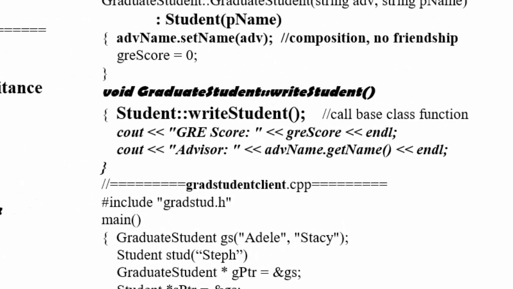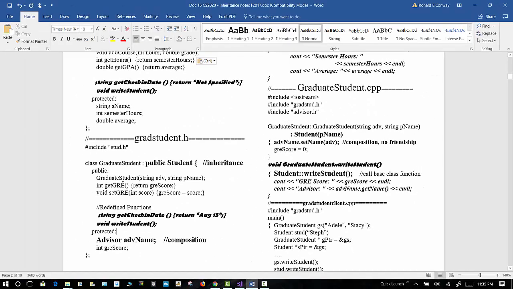So these two things will also be printed out when we have the write student function invoked. All right. Let me just talk about these getter and setter functions here. These getter and setter functions in the constructor for the derived class grad student have nothing to do with the base class. So the base class does not have access to get and set GRE.